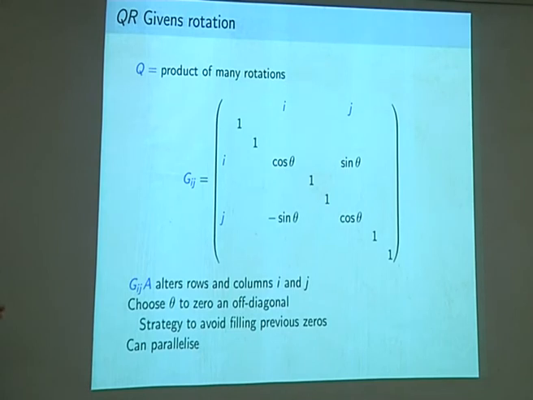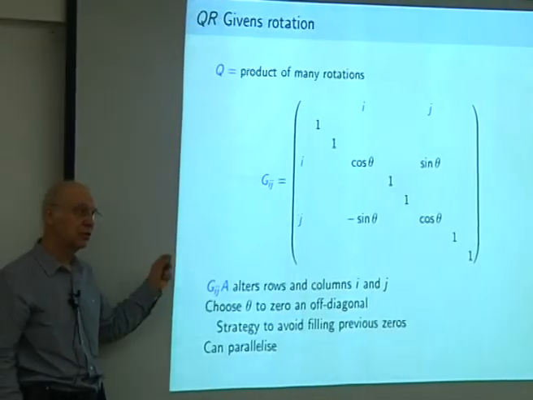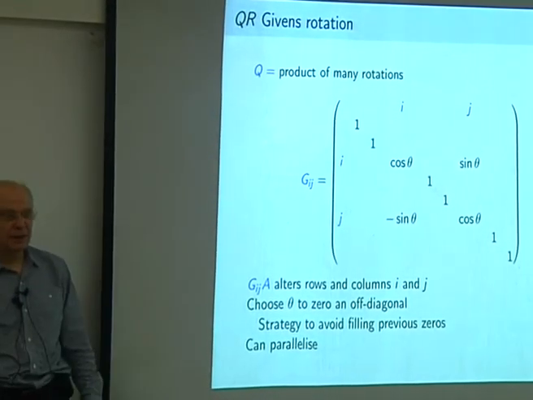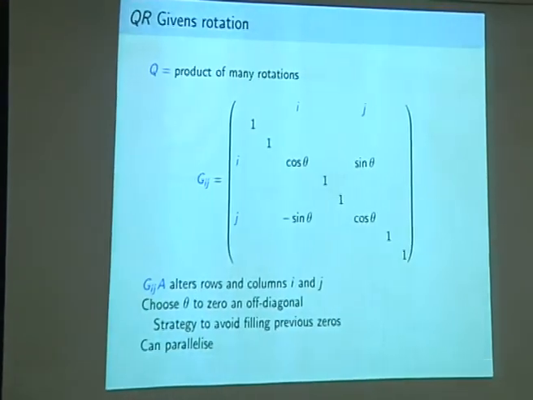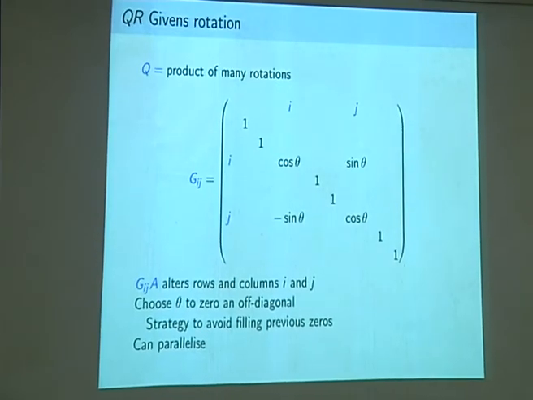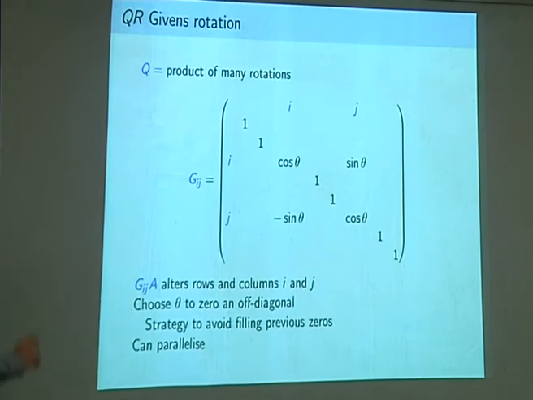So you choose the theta so that it eliminates the IJ lower term, so it's probably the AJI. I don't know, I can work that one out.